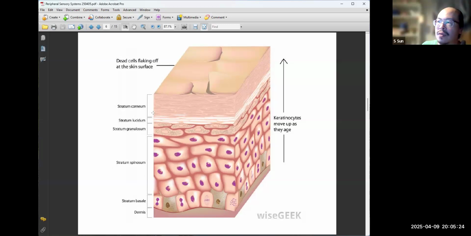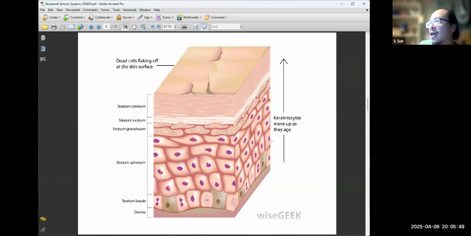And so the only layer that is more alive is the lower layer. So here you can see the stratum basale. This is the layer where we have the stem cells for skin cells.